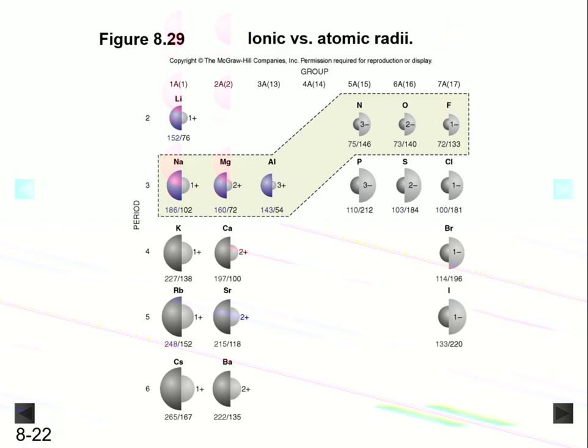On the left-hand side, we see for metals, the purple is the atomic radius, and then the little gray is the ionic radius. And you can see the ionic radii for the metals are smaller than the atoms because those are all cations. And on the right-hand side, the red represents the atom, and then the gray represents the ion, but in this case, it's the anion, and we see that they are larger.